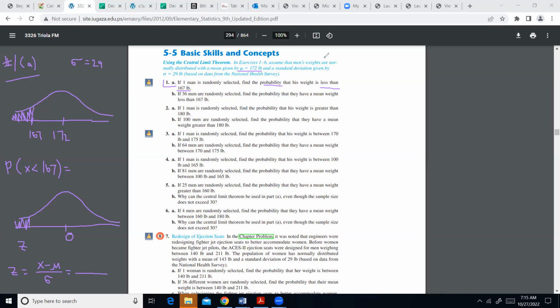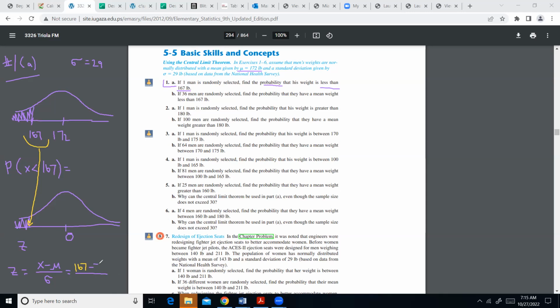So let me put 3 numbers in. For X that I'm trying to find the corresponding z-score for, I use 167. And also mean and standard deviation were clearly given to us.